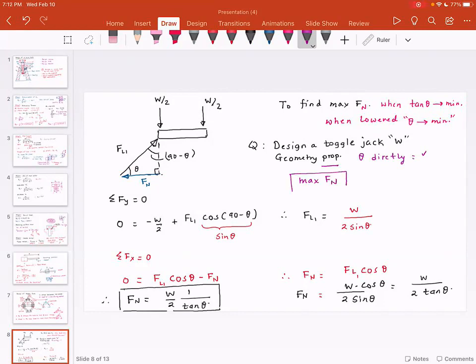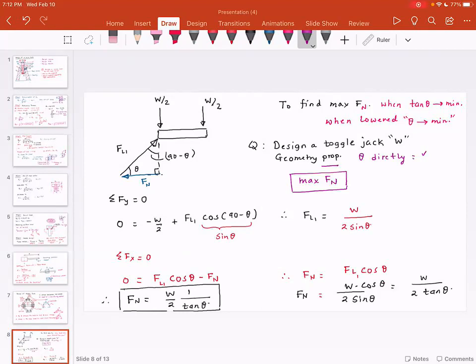And once max Fn is known, the procedure to design the toggle jack is exactly the same as design of screw jack. Once you find out the value of load in the nut, then you can actually design the screw. So you can follow the same procedure.